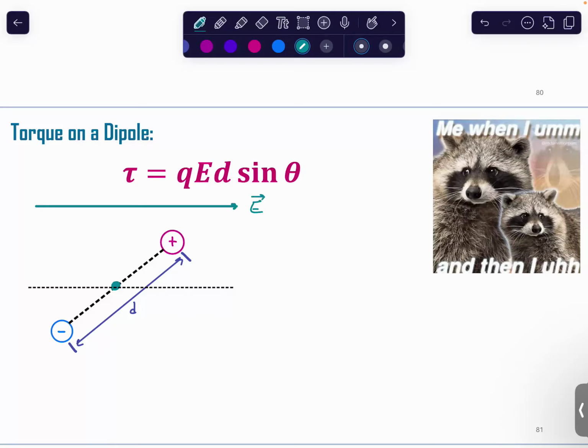Now, if we have an electric field pointing that way, which way do the forces on each one of these point? Yeah. So positive always goes with the field. Negative goes the opposite direction of the field.